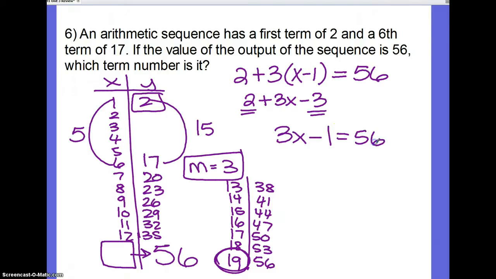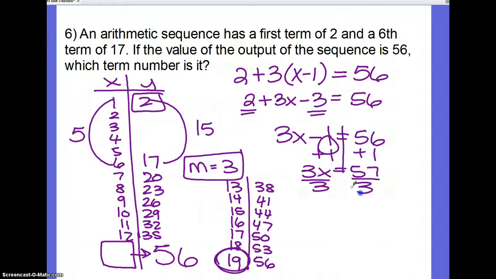And then if we solve and add 1, we get 57. And then if we divide out 3, beautifully, we get 19, just like we got the other way of doing it. So it doesn't matter, you choose which way you would prefer.